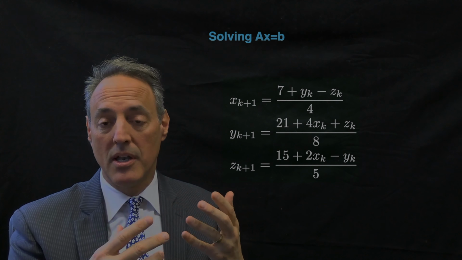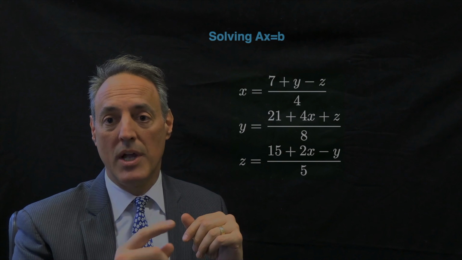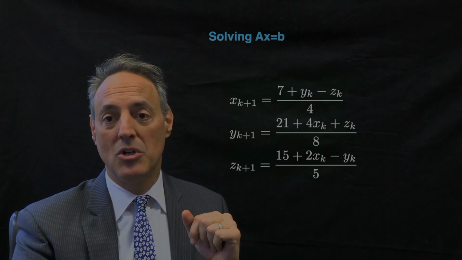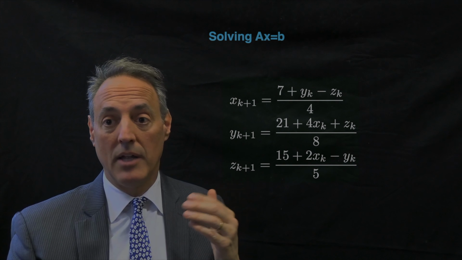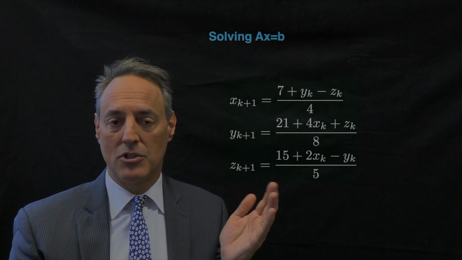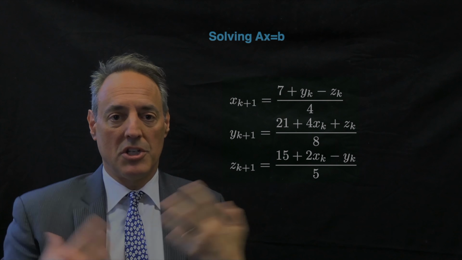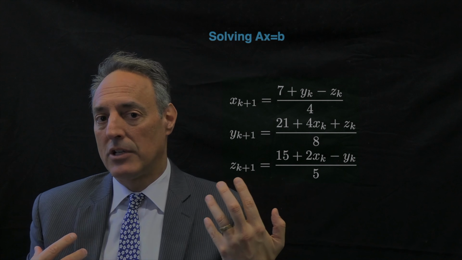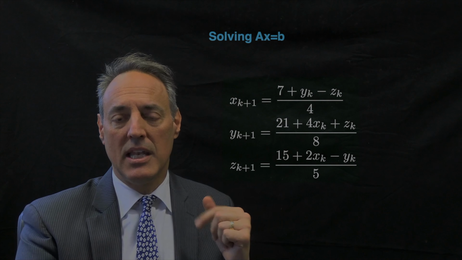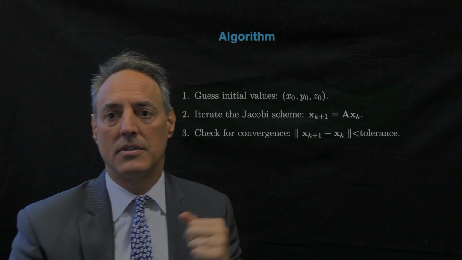So I put in a guess, and using these equations, I produce new values of x, y, z. And then I just keep doing it. This is an iteration scheme, right? The kth value produces the k+1, the k+1 produces the k+2, and so forth. So initially I might guess values of x, y, and z, and then just start to iterate and see what happens.